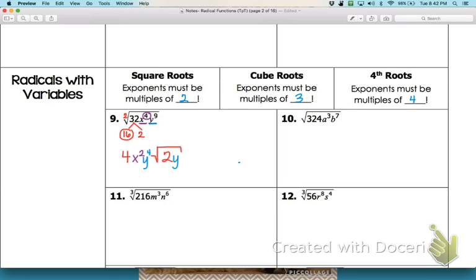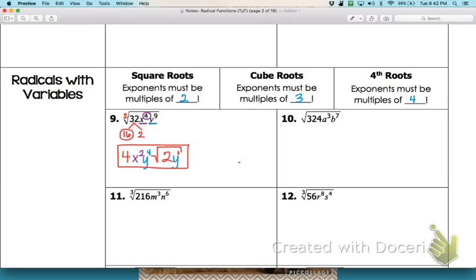And so there is our simplified radical, 4x squared y to the 4th times the square root of 2y. Notice the exponents under the radical, nothing's higher than an exponent of 1, and they shouldn't be, because if it were any bigger, we could divide it again by 2. Okay. All right, let's look at number 10.